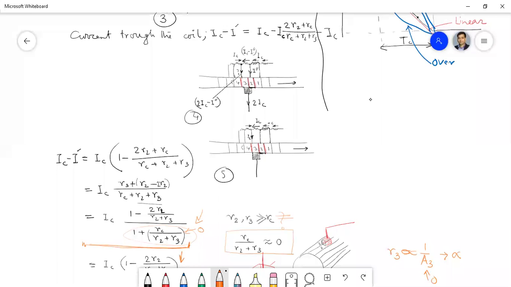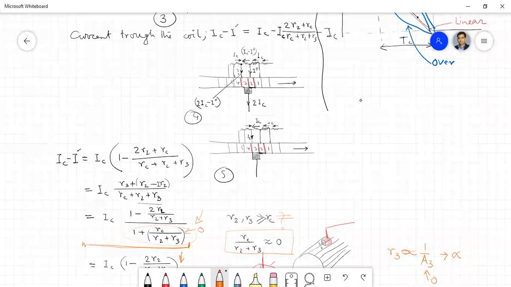And one current is flowing through the commutator segment 3, and that is 2IC minus I double prime. And the current flowing through the coil is IC minus I double prime.